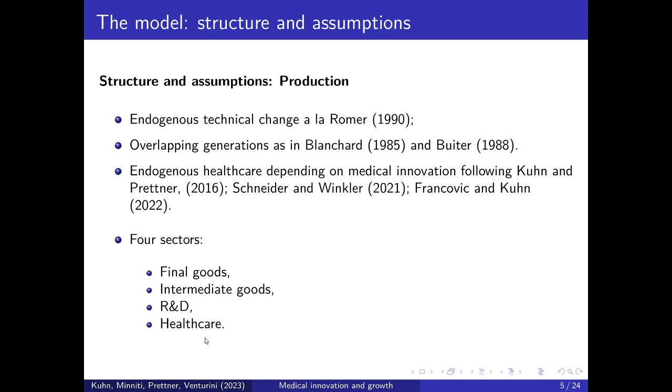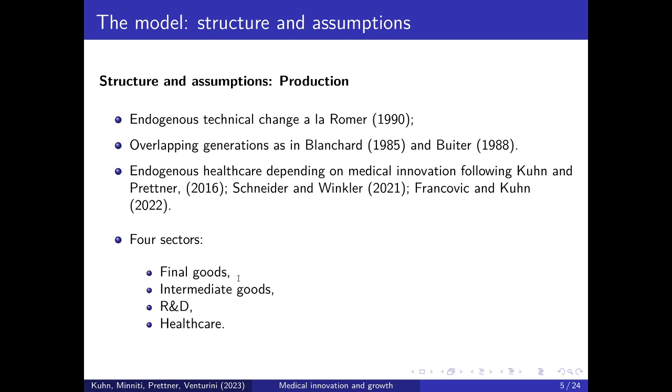And then there is a healthcare sector. The healthcare sector employs healthcare personnel, doctors, nurses, and so on, to reduce mortality according to the Blanchard-Buiter type of overlapping generation structure, and therefore affects saving decisions and population growth. But in turn, the healthcare sector requires personnel, and these labor resources are not anymore available for research and development and final goods production.